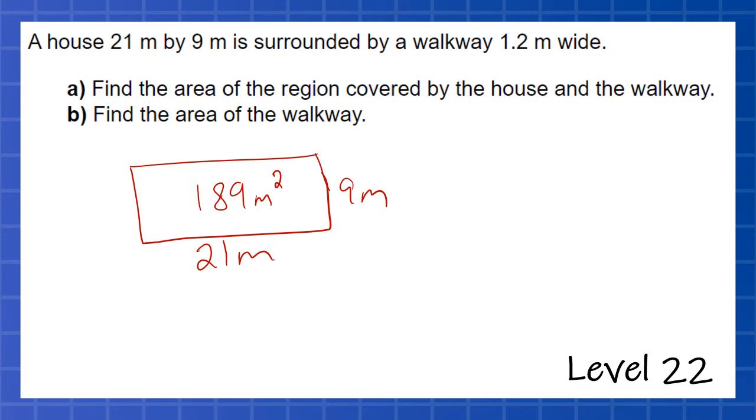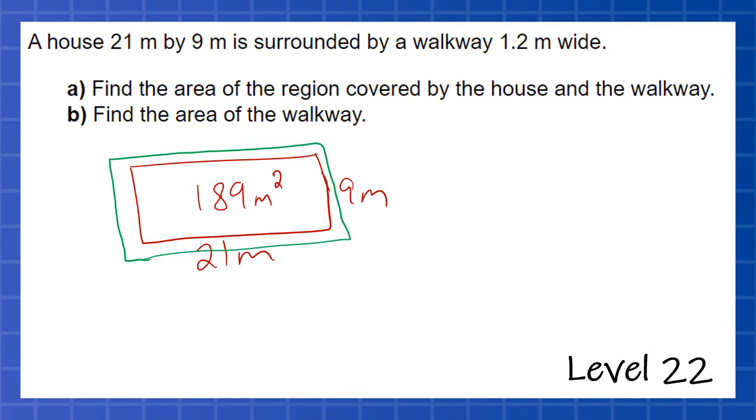Now, the question is actually saying, listen, we have this house, but we also have a walkway around the whole house. And so that walkway around the whole house kind of gives us a bigger rectangle. Can you kind of see how, if we imagined that the whole house had like a big rectangle, if it continued the walkway underneath the house, like the concrete, then we could have a bigger rectangle.